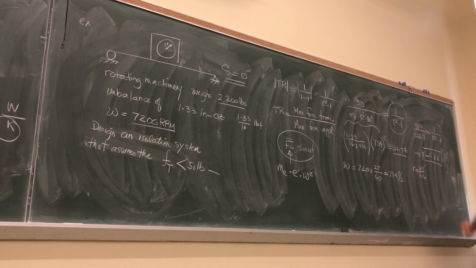You have omega 754, r is 1.86, that will give you omega n, which comes out to be 405.4 radians per second.